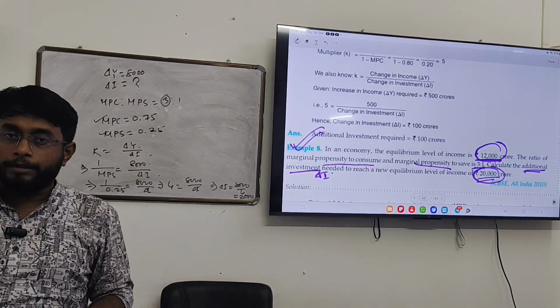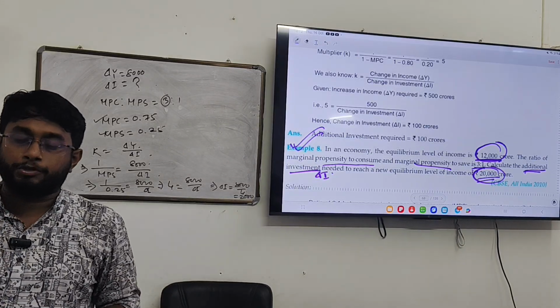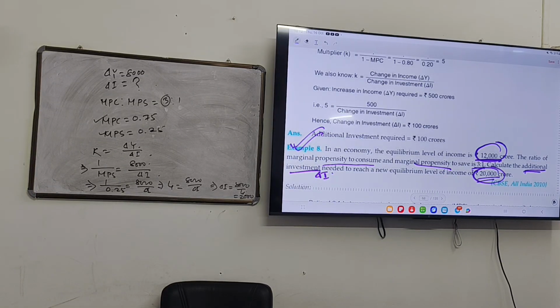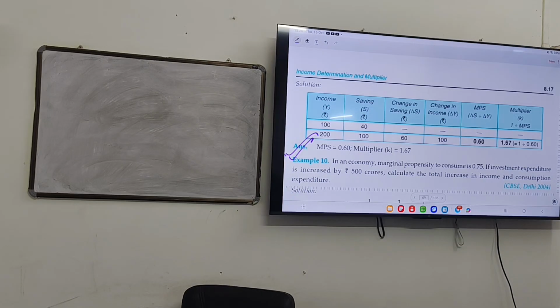So the main point in this question is MPC to MPS is 3:1. That means 75% of the income is consumed and automatically 25% is saved.